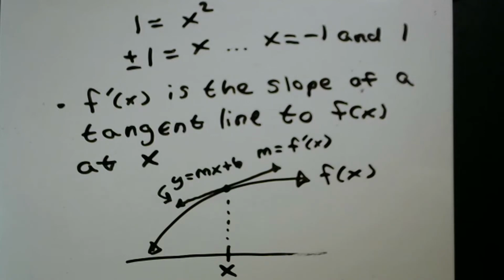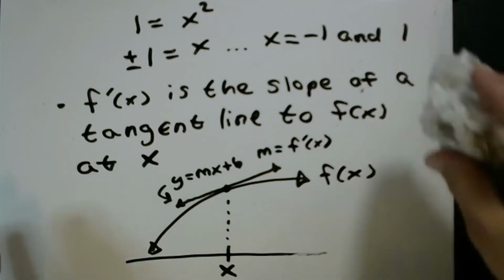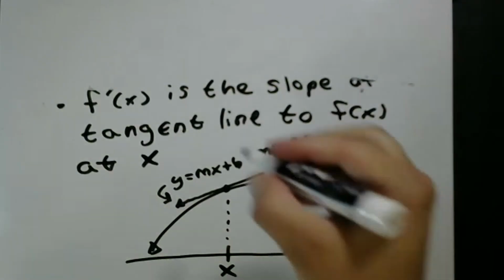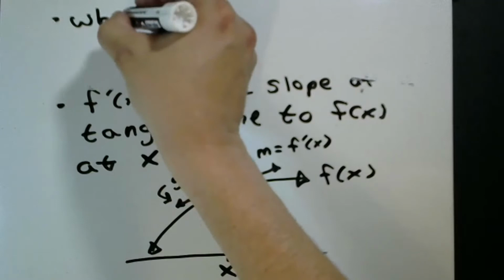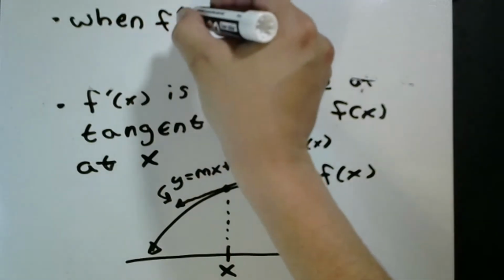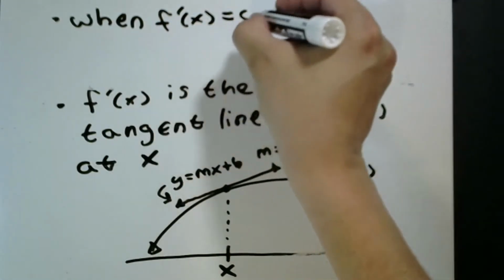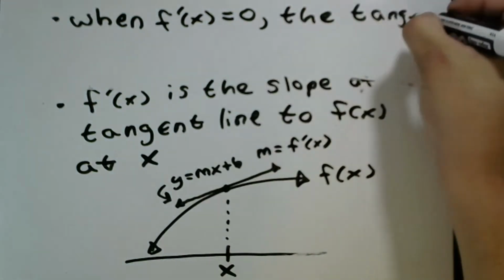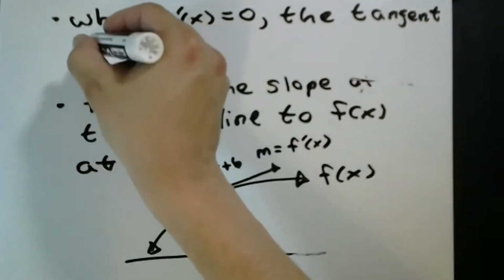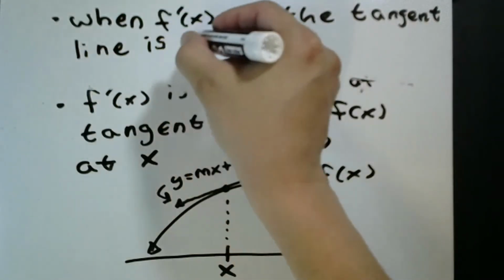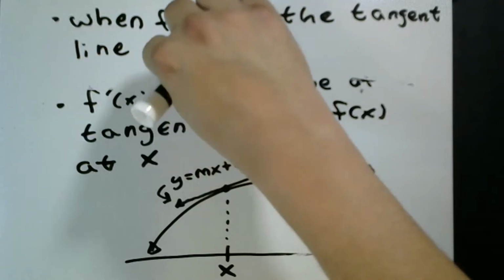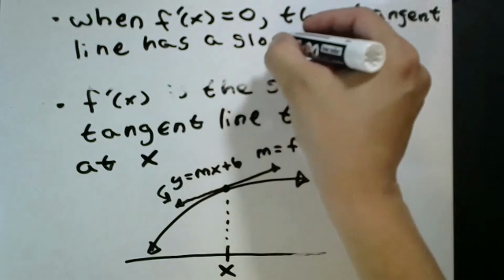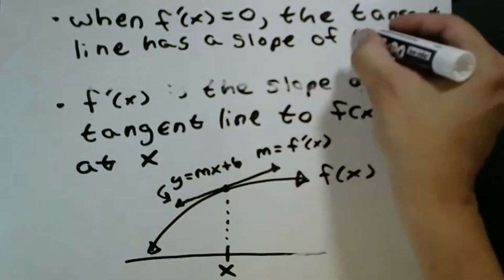So what are we doing when we set the derivative equal to 0? What's going on here? Well, when the derivative is 0, the tangent line, put another way, has a slope of 0.